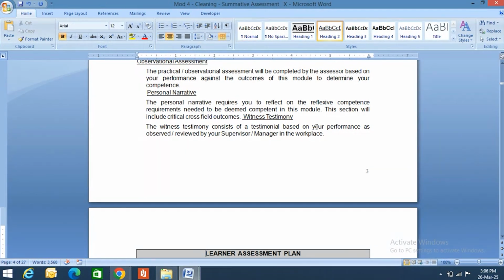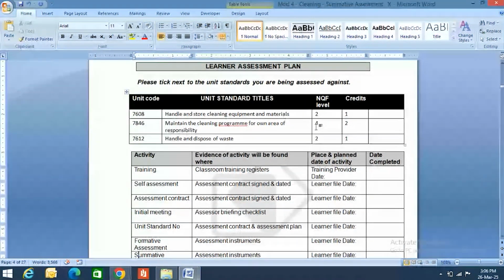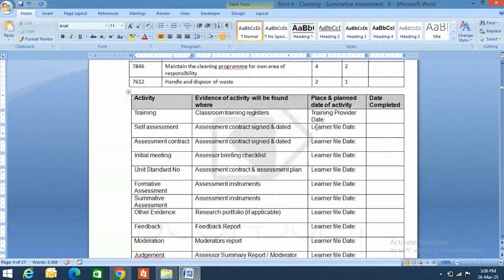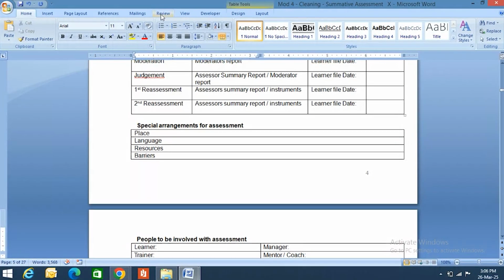Page 2 and 3 you are initialing. Page 4 is the assessment plan. Please make sure you got the same dates here that we got in the formative assessment. It's the same dates I just posted now on the group. So the exact same dates for this module go in here in the same places, right? The information here is the same, yes.